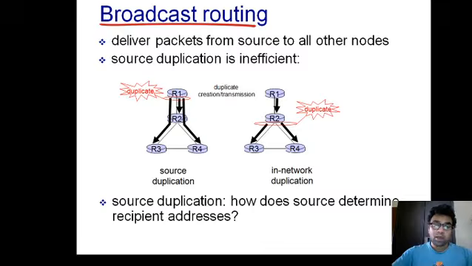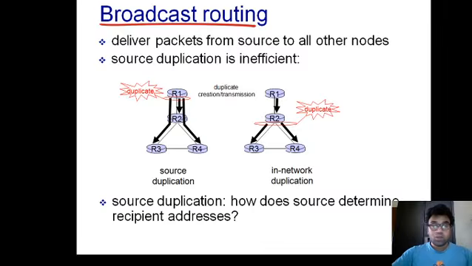If any packet comes in with this broadcast address as a destination address, that means that router has to broadcast that packet to all the other nodes which are connected with that node. It's a very simple phenomenon.